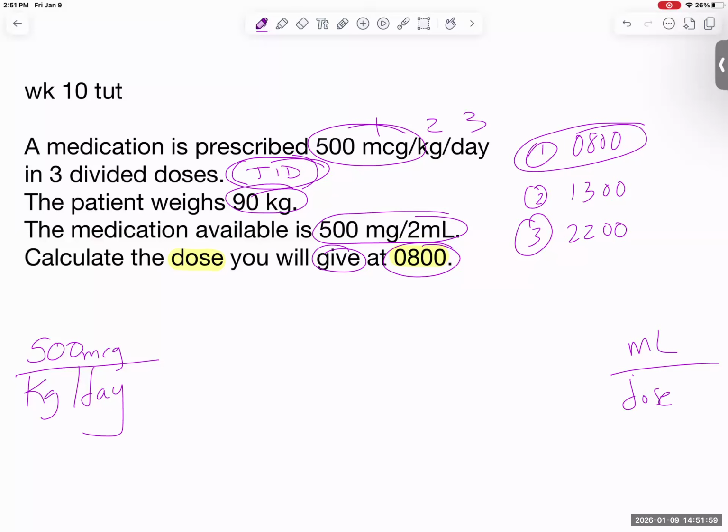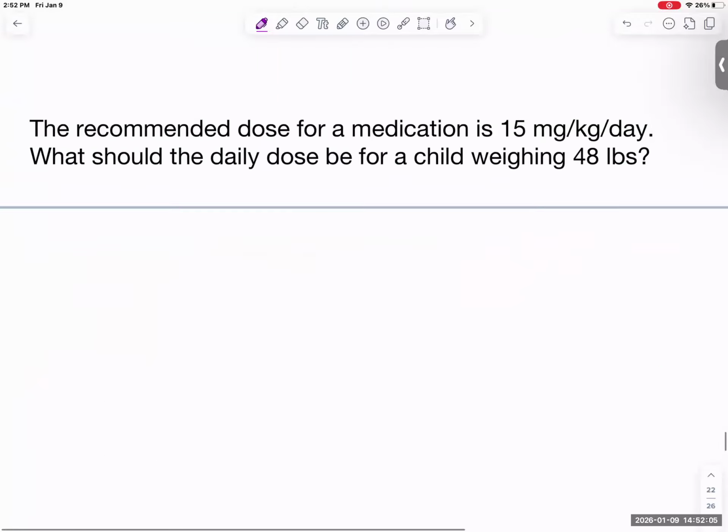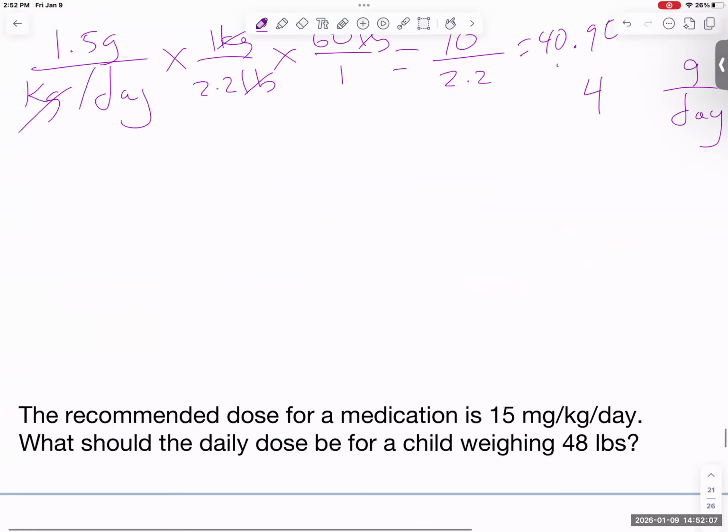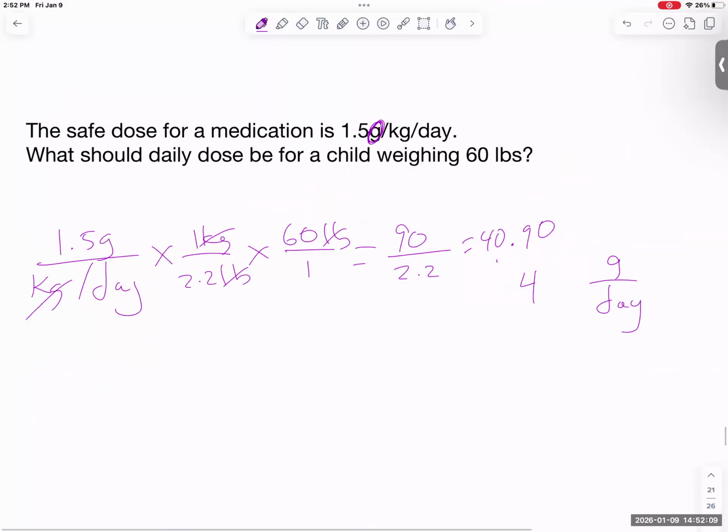Bianca, you had a question? Yeah, I'm so sorry. I had a question regarding the previous question that we were doing, the 41 grams per day. If on the exam I were to put 41 grams per dose, would that be incorrect? Yes, because if you put 41 grams per dose, you would overdose the patient, because per day means for 24 hours.